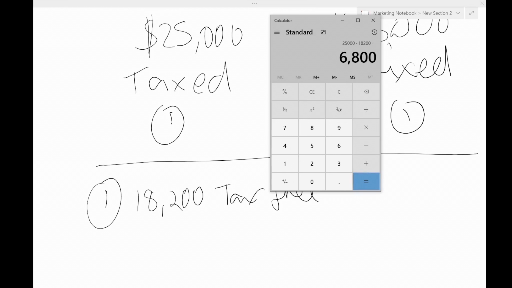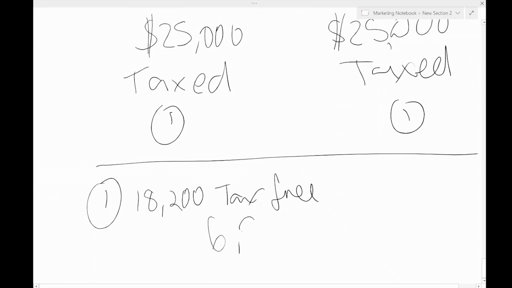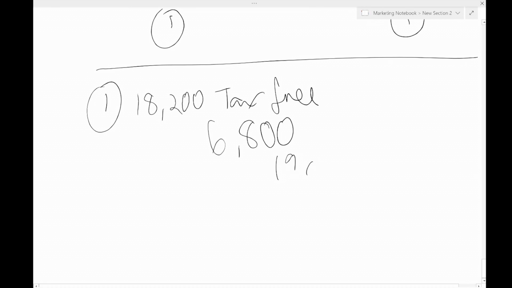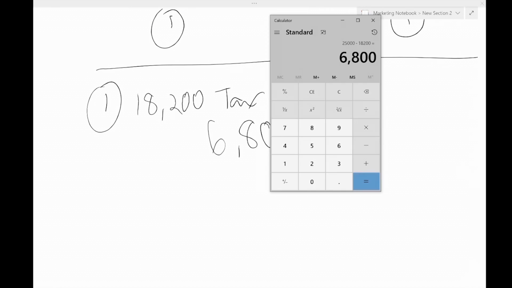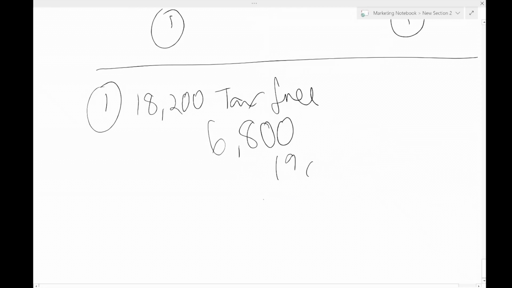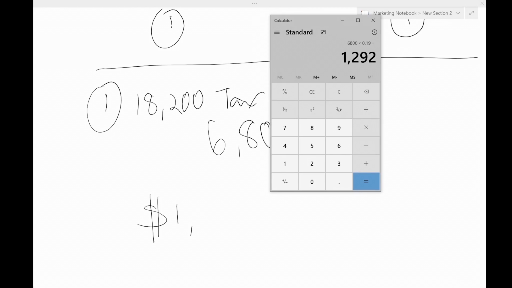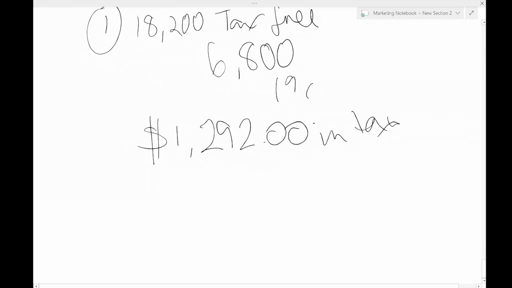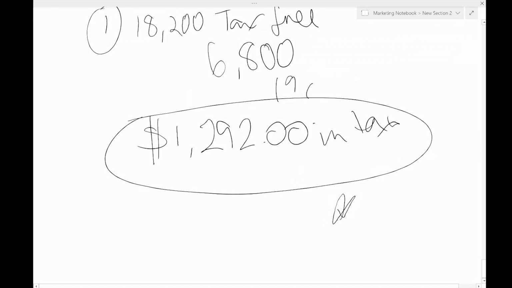So $25,000 less the $18,200. So the taxable amount is $6,800, which we know is taxed at 19 cents per dollar, meaning that the tax is therefore calculated at $1,292 at the individual's level of tax. Now this isn't taking into account Medicare or any other personal circumstances. So this is a very general overview of how that works.